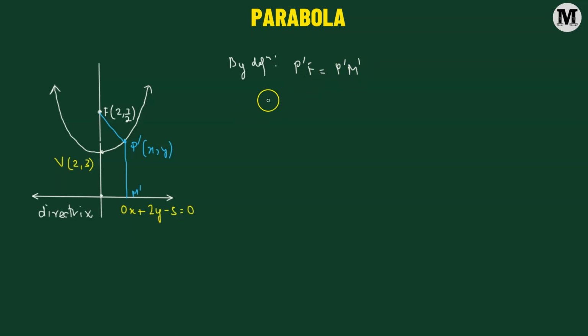So P prime F can be obtained by using the distance formula. So this time we will get x minus 2 whole squared added to y minus 7 over 2 whole square equals P prime M prime.